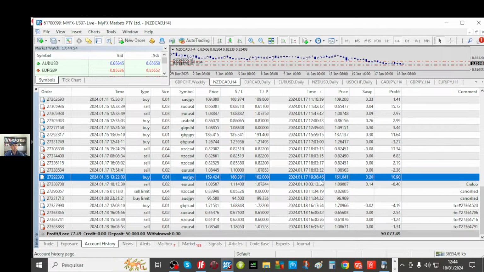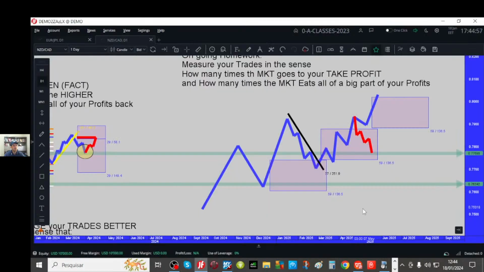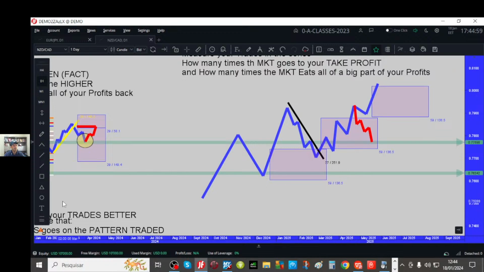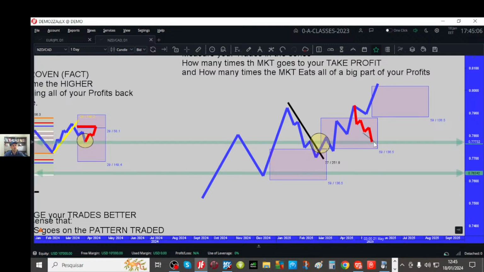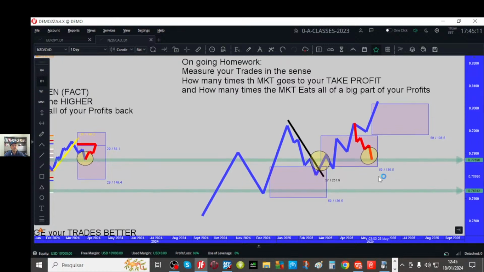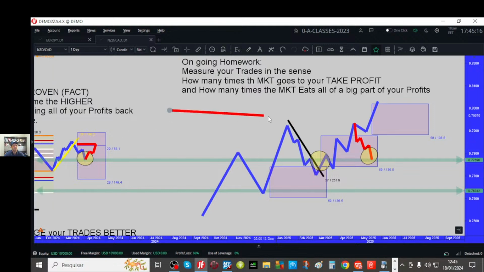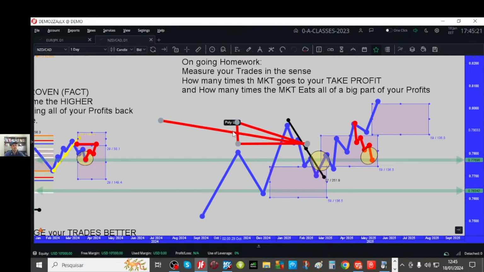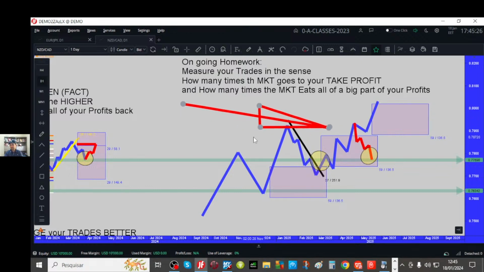And then when you have those numbers, you go to the chart, because maybe you are going to see that you entered here and exited here. Does this make sense? And this is one. If you see that this happens at least 50% of the time, what makes sense to you?